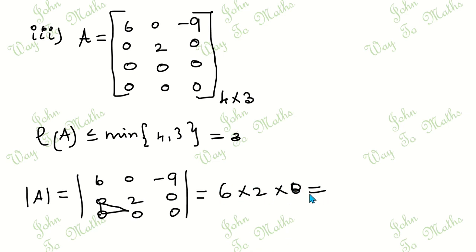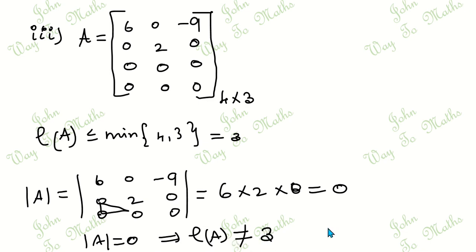Here it is 0. Therefore the determinant of A matrix is equal to 0, which implies ρ(A) does not equal 3. The rank does not become 3.